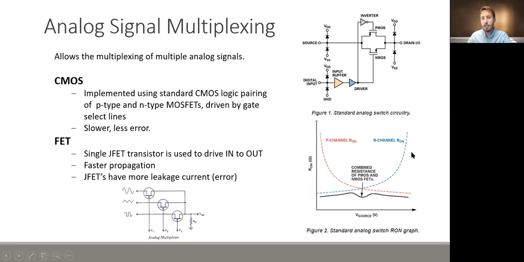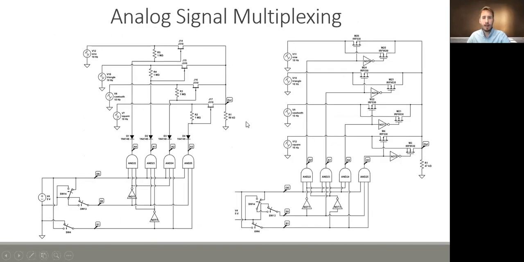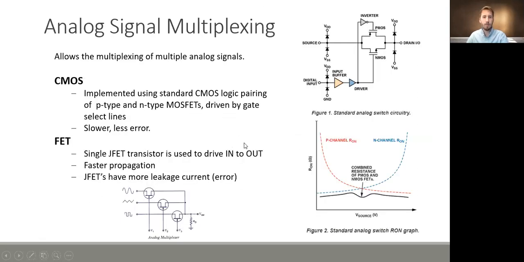So having these paired allows us to get a combination of the P channel and the N channel, to where here in the center, we can send a wide range of source signals through, such as sinusoidal, any type of analog signal. I built circuits, and we'll get to that in a second.